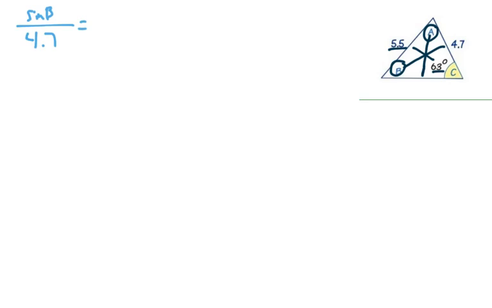And that is going to be equal to our pair that we know, so that's the 5.5 and the 63 degrees. So it's going to be the sine of the angle, which is 63 degrees, divided by the corresponding side length, which happens to be 5.5.